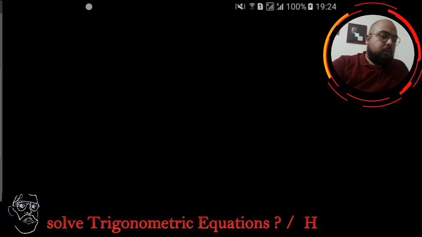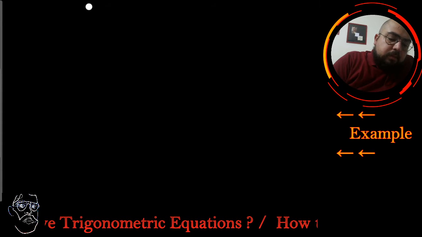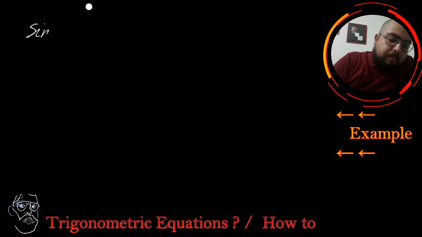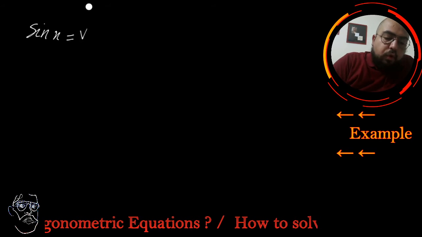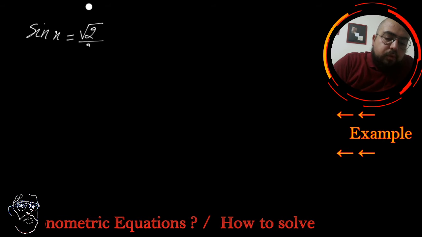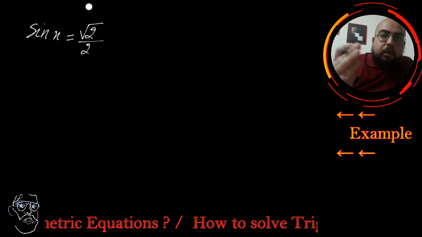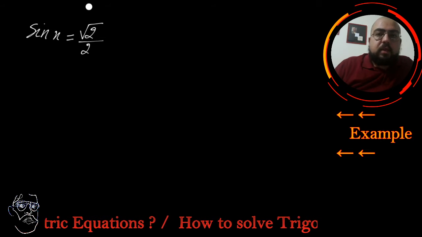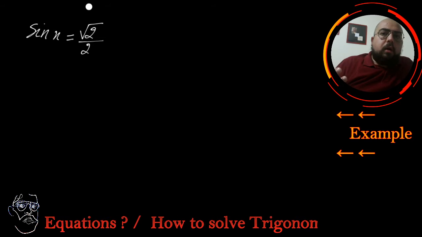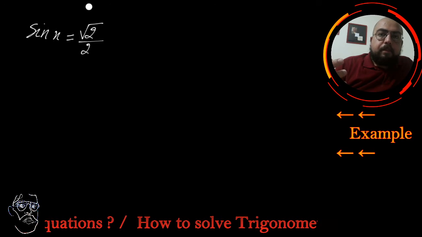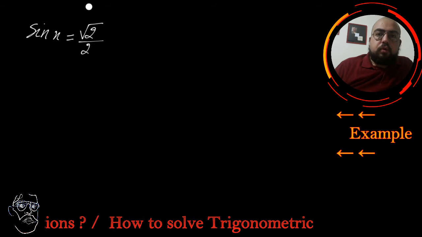We have sine x is equal to square root of 2 over 2. As you can see, square root of 2 over 2 is a value between -1 and 1. It's about 0.7. You have to ask yourself which angle has a sine that gives me square root of 2 over 2.